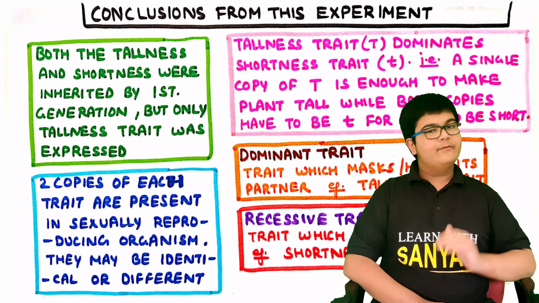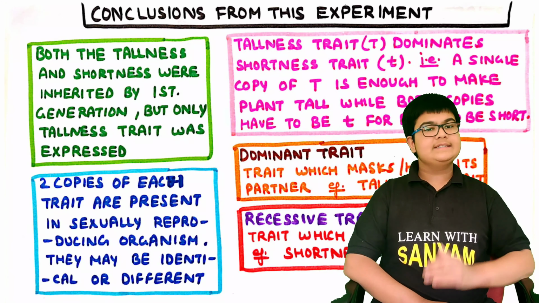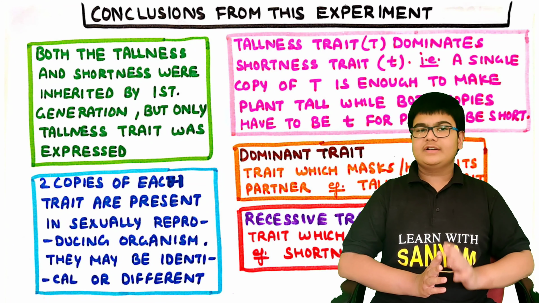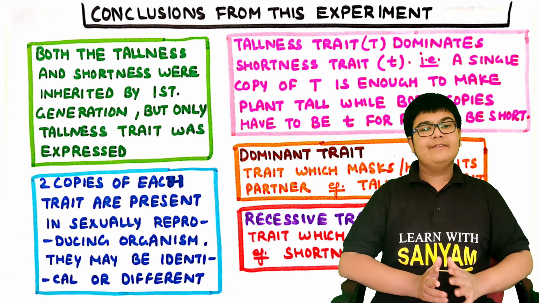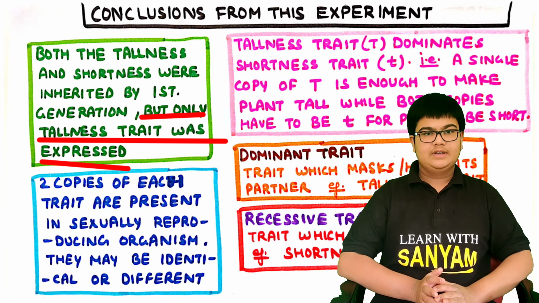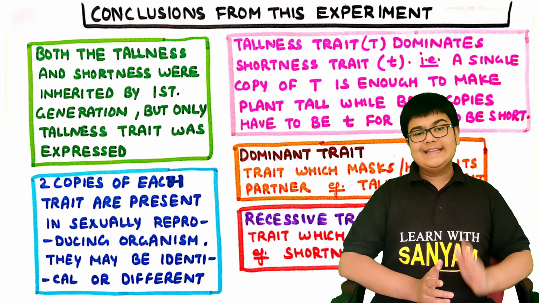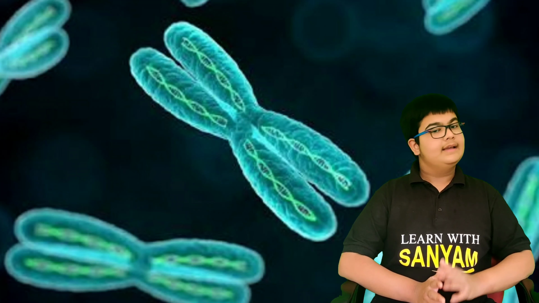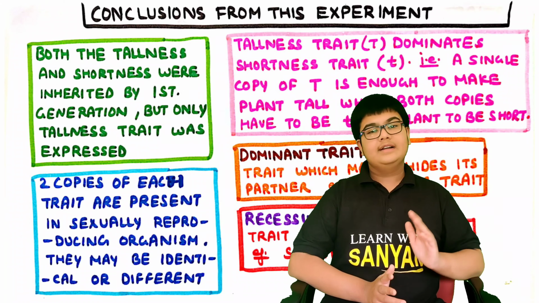Let's see what conclusions we can draw from Mendel's experiment. Both the tallness and the shortness trait were inherited by the first generation, but only the tallness trait was expressed. Two copies of each trait are present in a sexually reproducing organism. They may be identical or different.